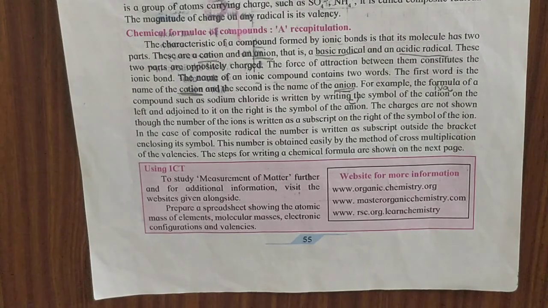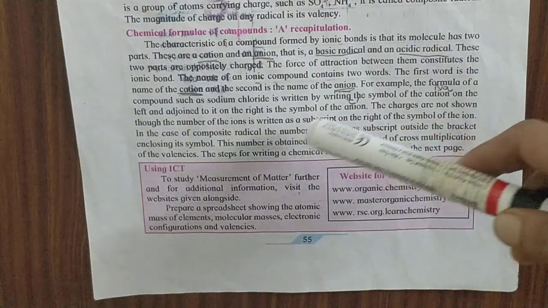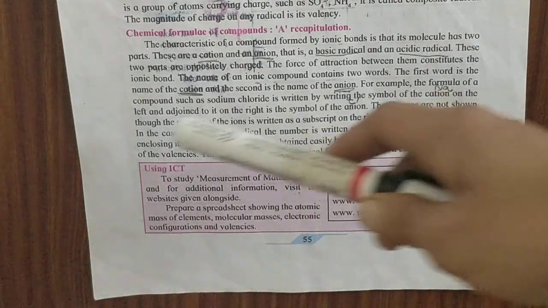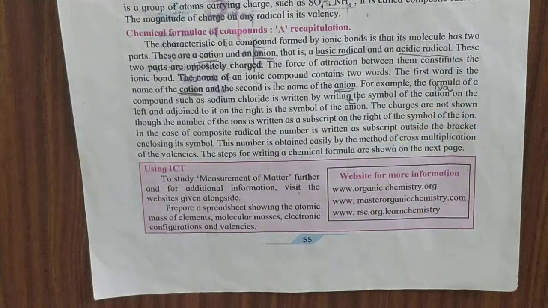The formula of a compound such as sodium chloride is written by writing the symbol of the cation, sodium, on the left, and adjoined to it on the right is the symbol of the anion, Cl. So cation Na plus and anion Cl minus. The charges are not shown, though the number of ions is written as a subscript on the right of the symbol of the ion.